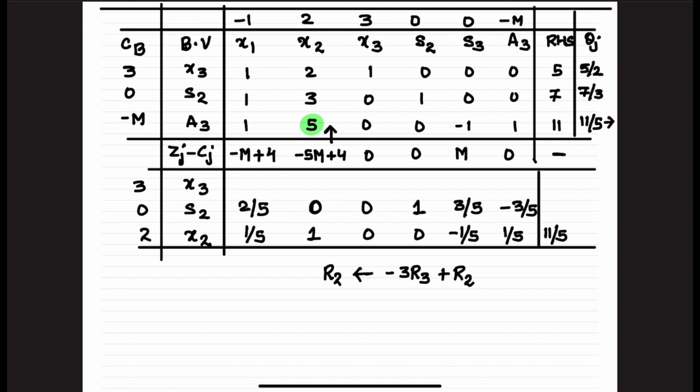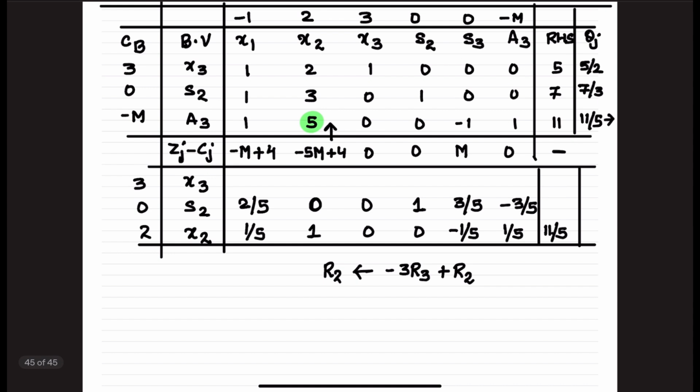And this column is -33 by 5 plus 7, 7 minus 33 by 5, so that is 2 by 5. Now to make 0 there, what do you do? Multiply the pivot row by -2 and add it to the first row.